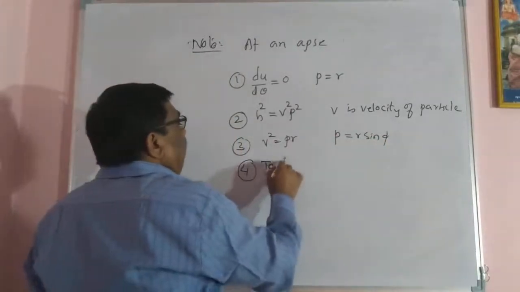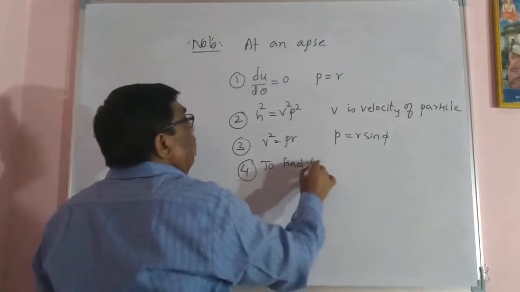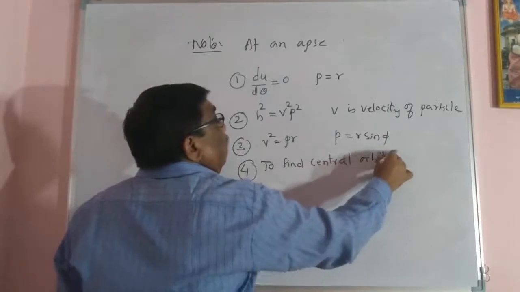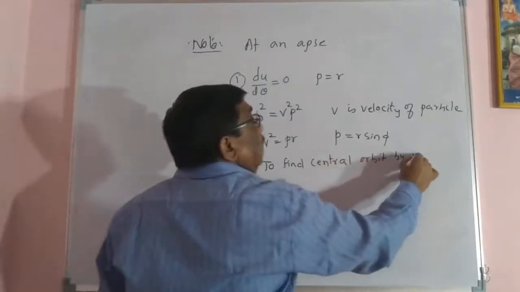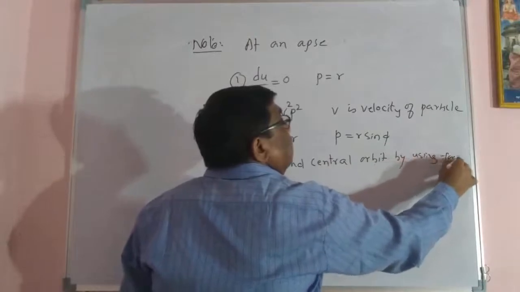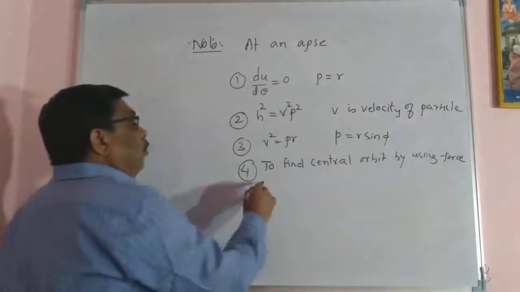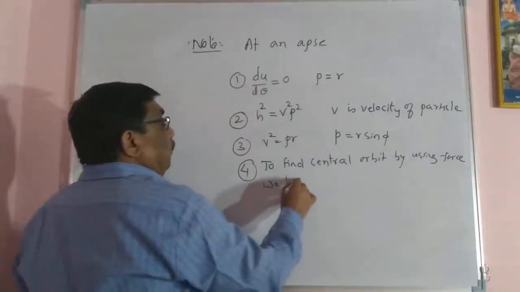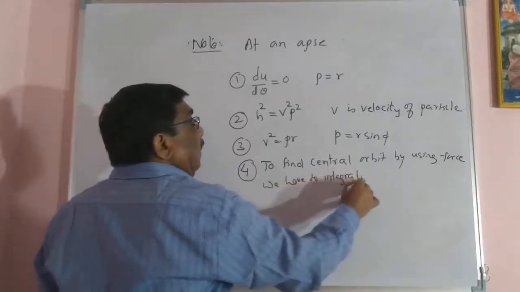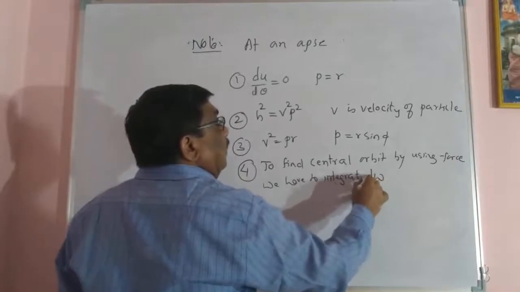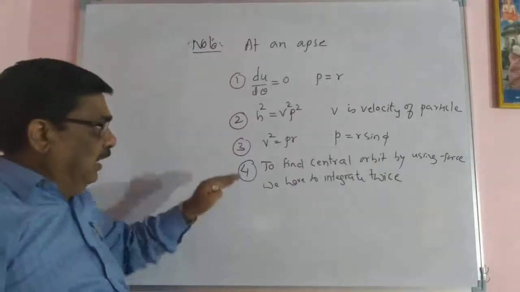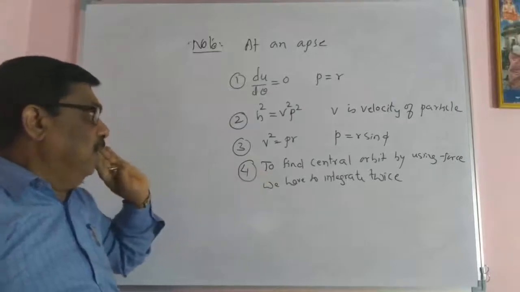To find the central orbit by using the force, center of a force, we have to integrate twice. Twice we have to integrate the differential equation.